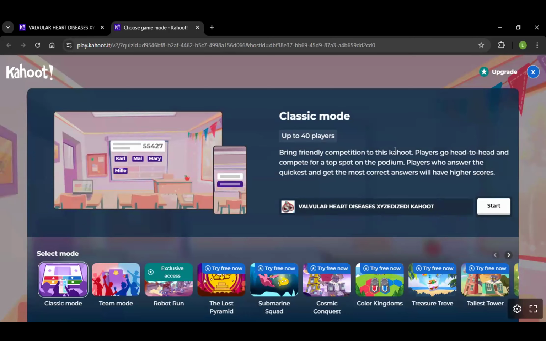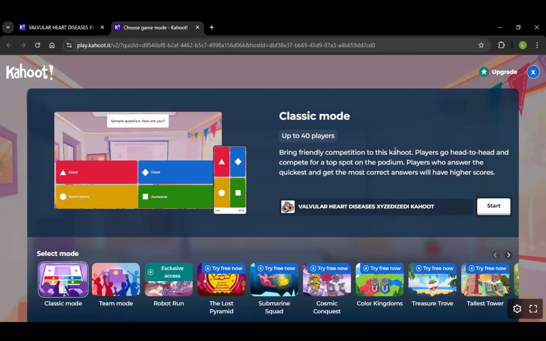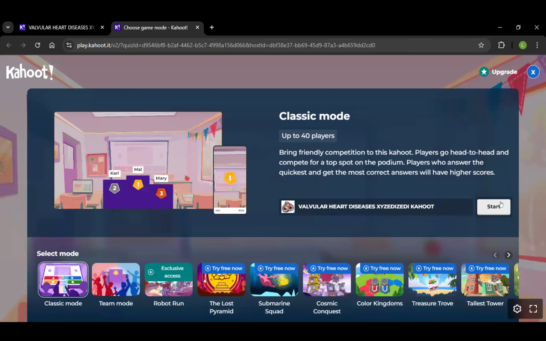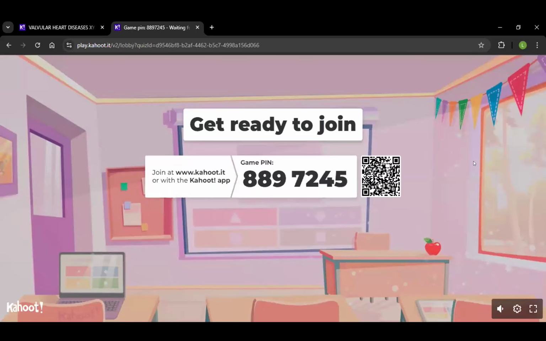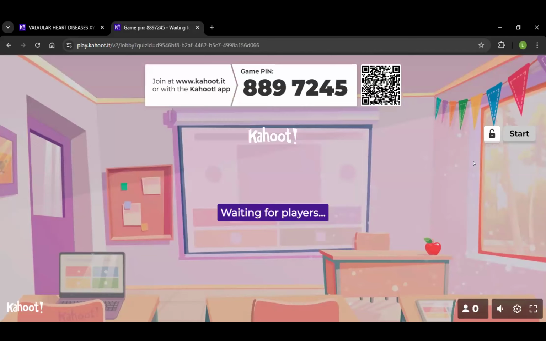Okay, so we're about to start. I hope we're all together. So the game pin is 8897245. I hope you can see the screen. There's also a QR code, you can scan it.